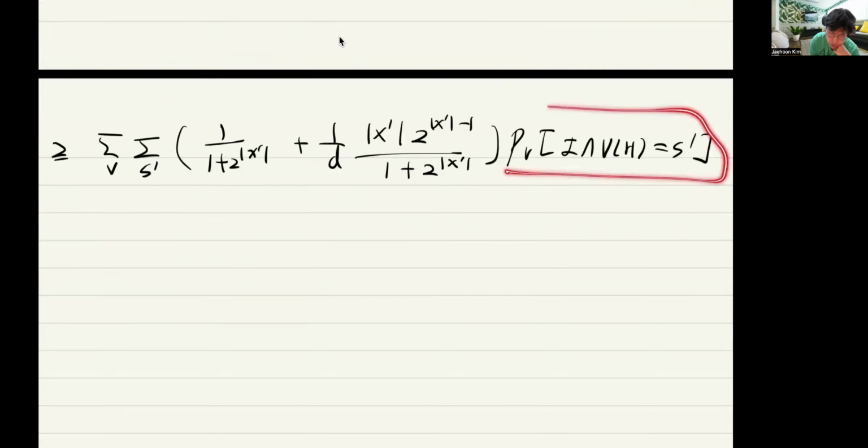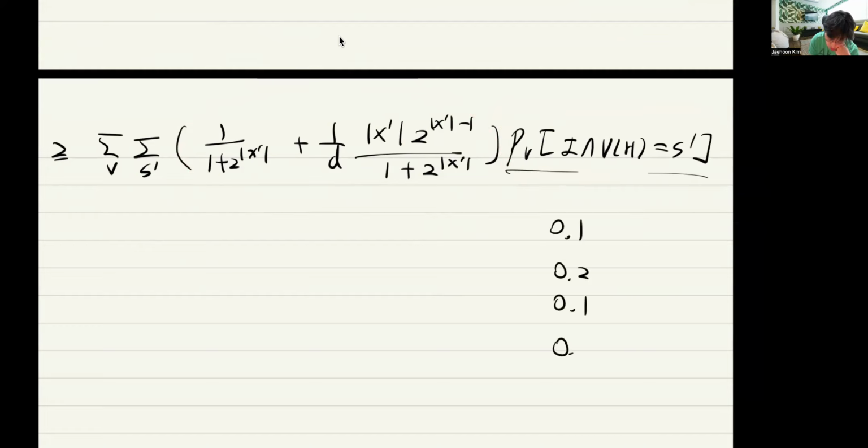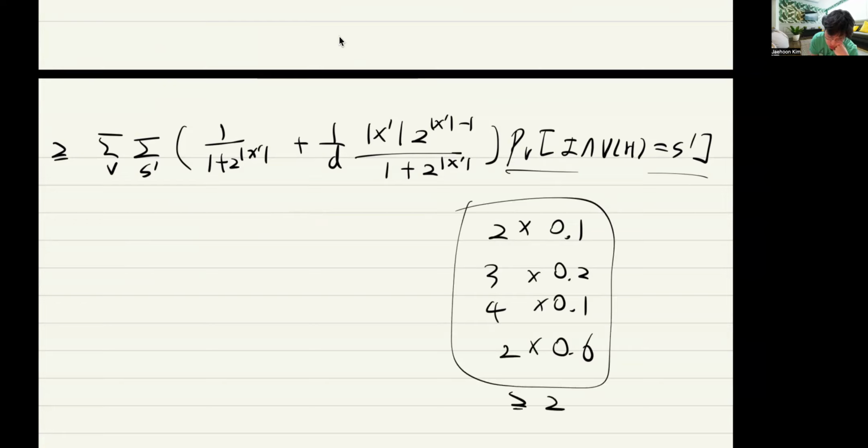So we know that this sums up to 1, and then something is multiplied. So let's say this whole number sums up to 1. And let's say you multiply 2 here, 3 here, 4 here, 2 here. Then the sum is at least 2. The smallest number you multiply will give you the lower bound.